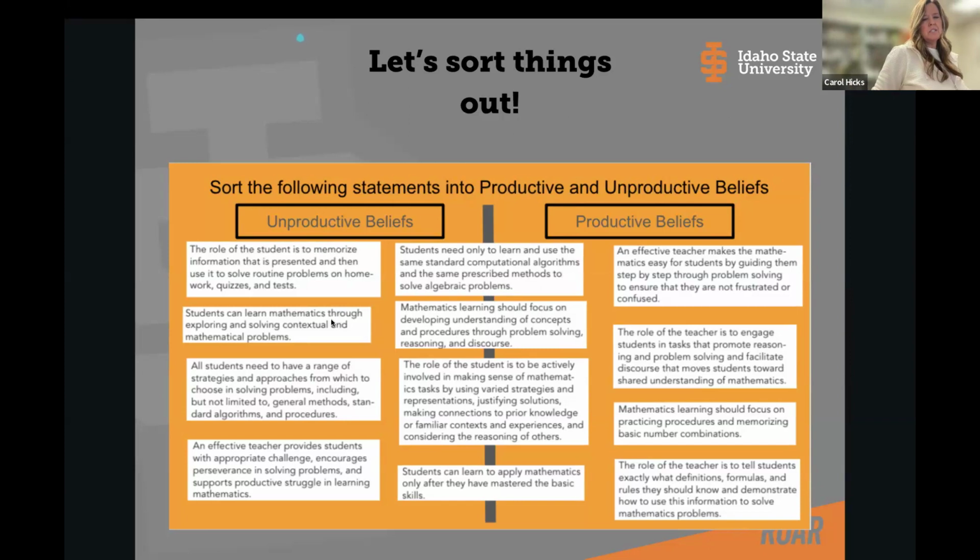What we want you to do is sort these white little explanations into either unproductive beliefs or productive beliefs. Go through them together, see which ones you think may be productive or unproductive, and sort those on the slides under your breakout room really quickly. Then we'll come back and talk about that.